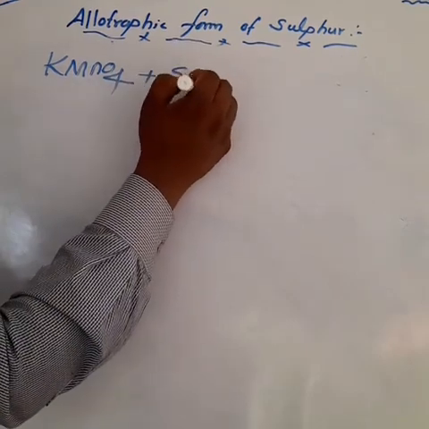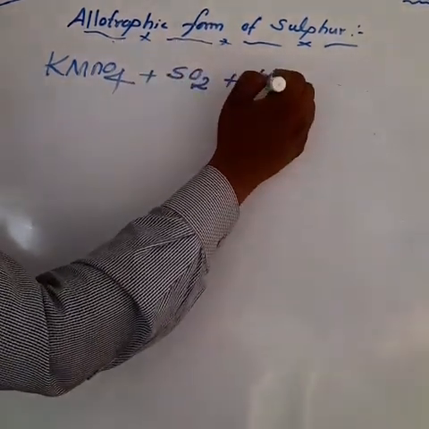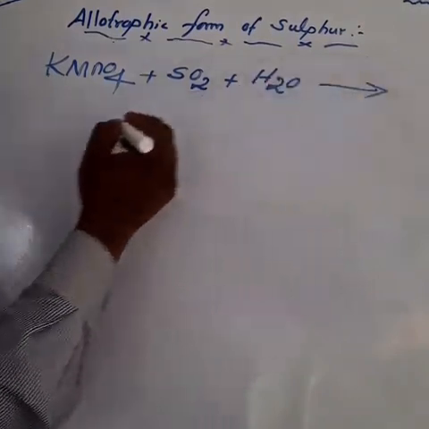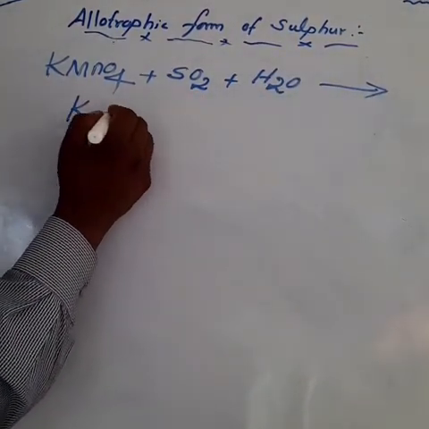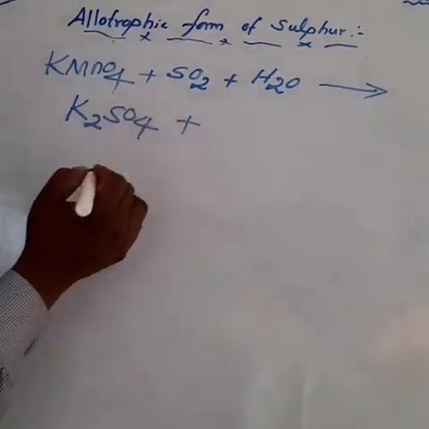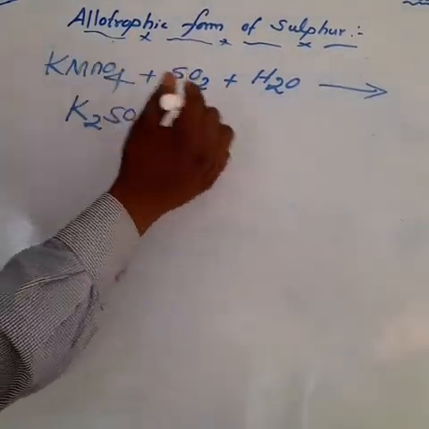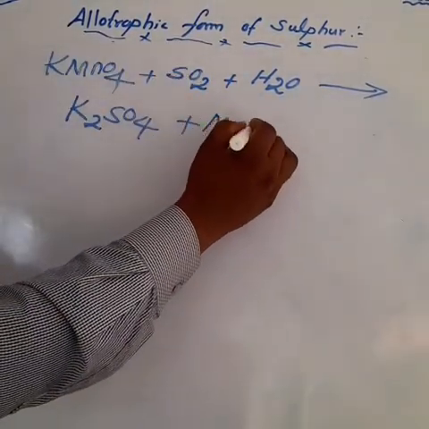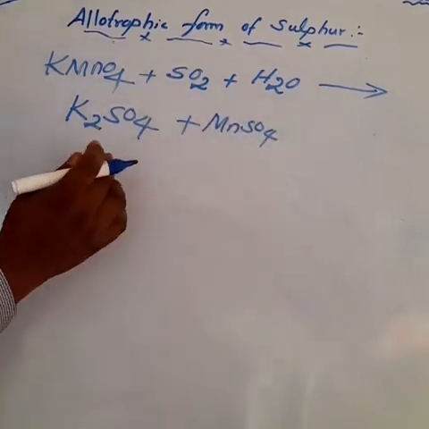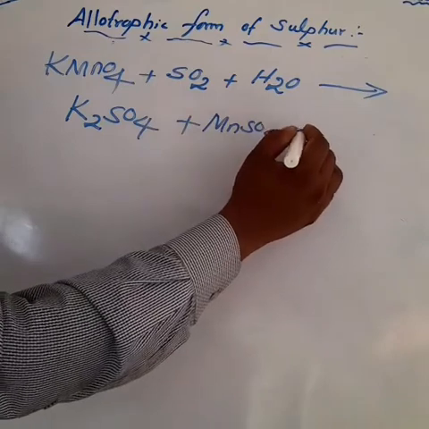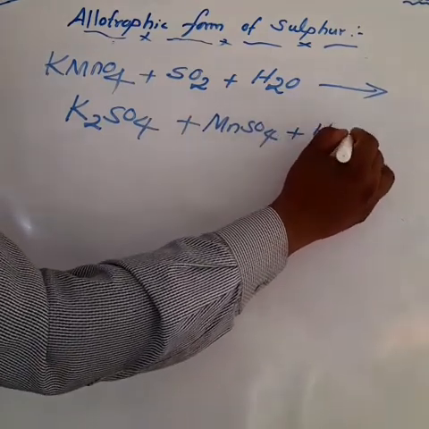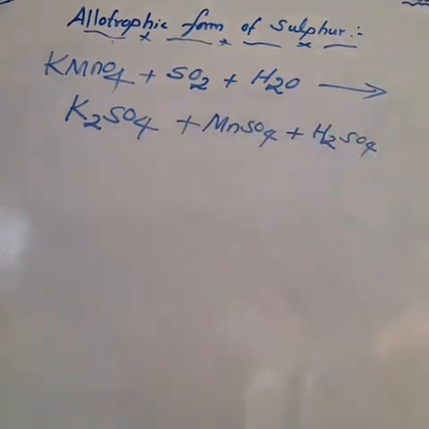It reacts with SO2 in the presence of water. We get potassium combines with the sulfate to form K2SO4. Manganese combines with the sulfate to form MnSO4. Hydrogen combines with sulfate to form H2SO4. How can you balance the equation?